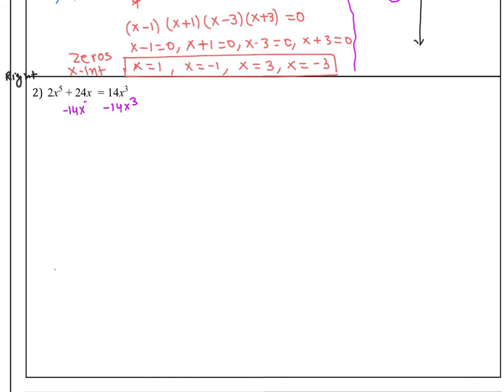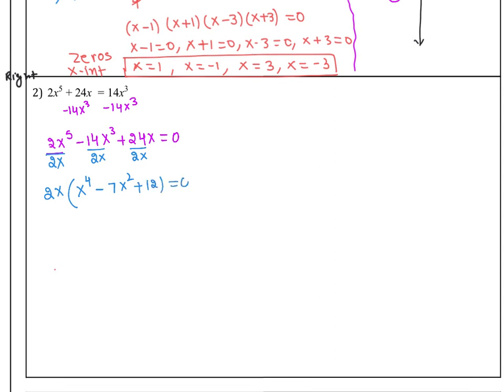You get 2x to the power 5 minus 14x cubed plus 24x equals 0. You can take out the common GCF, which is 2x. Factor the 2x out, and you're going to get x to the 4 minus 7x squared plus 12 equals 0.